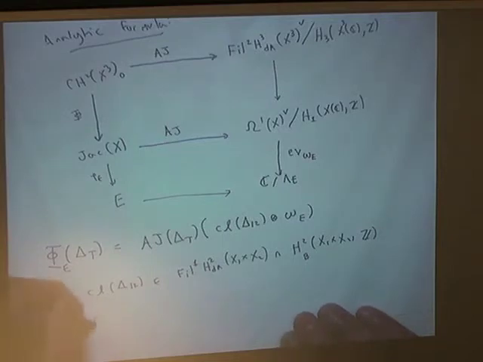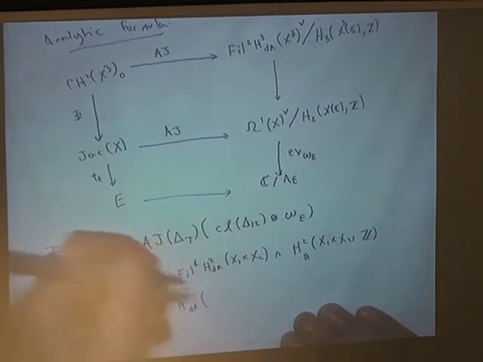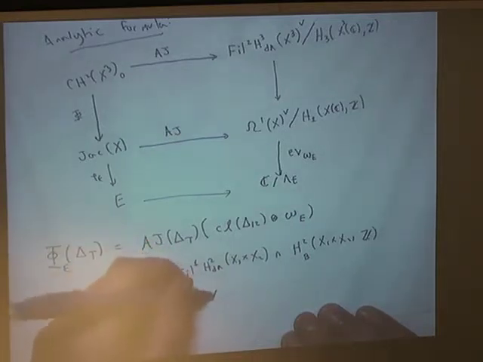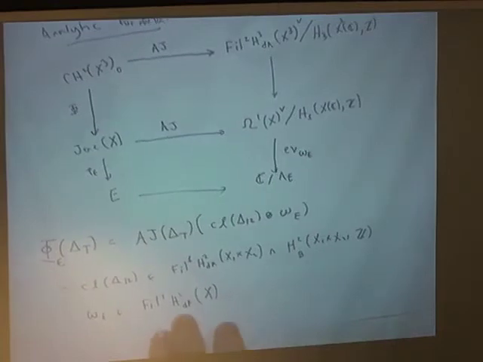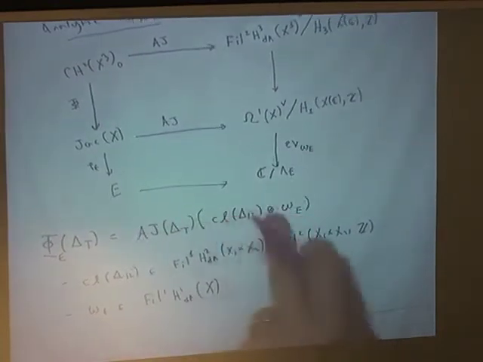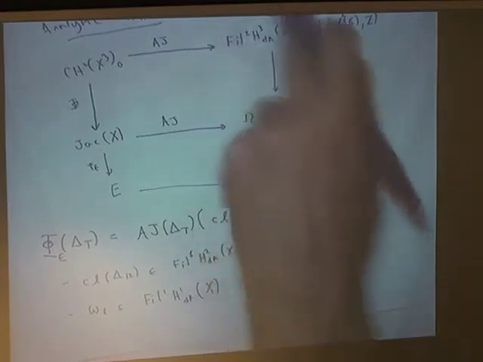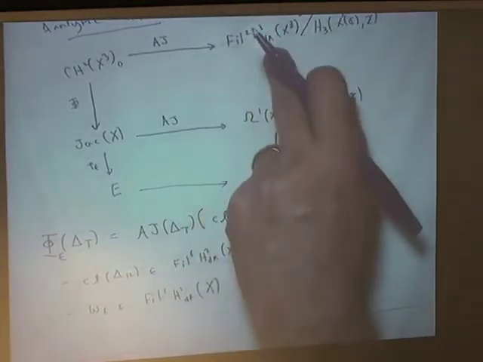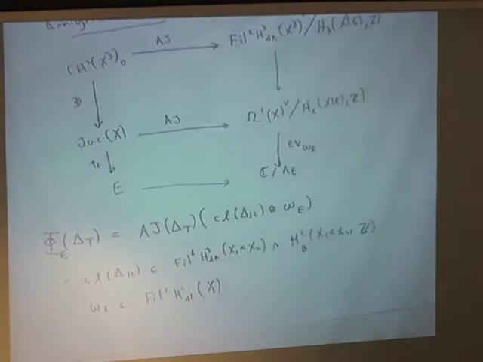And then omega sub E here is an element in Fil 1 of H1 de Rham of this X, and by construction it's an element of omega 1 of X. And so the tensor product of these two things lives really in this Fil 2 H3 de Rham of X cubed. Okay, so this makes sense, at least on a formal level.